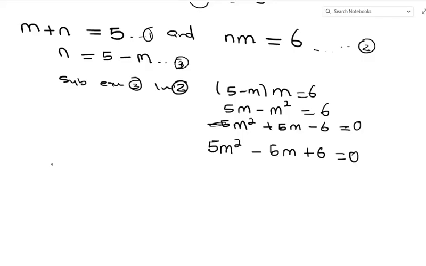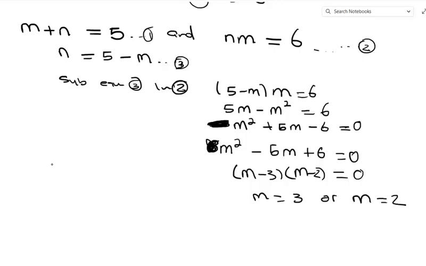Okay, this is actually supposed to be only 5m. Then from here we can solve for m. So m is negative 3, negative 2. M can be equal to 3, or m can be equal to 2.